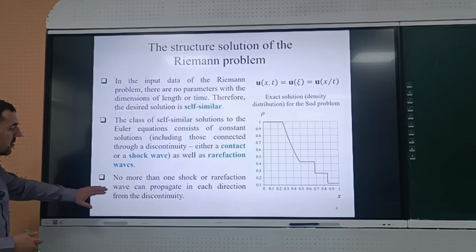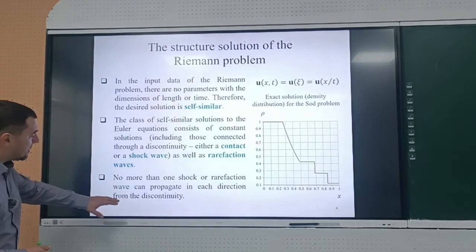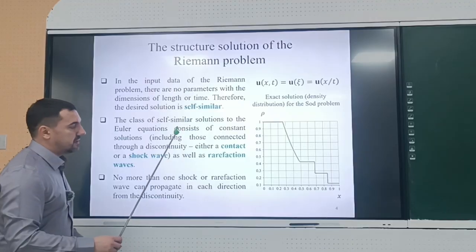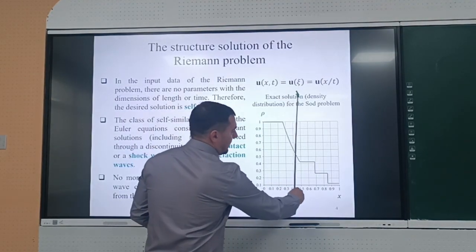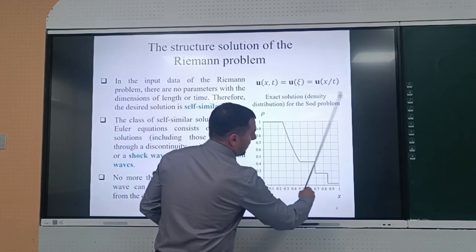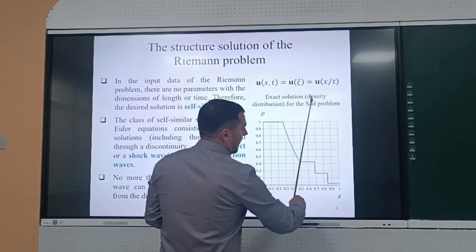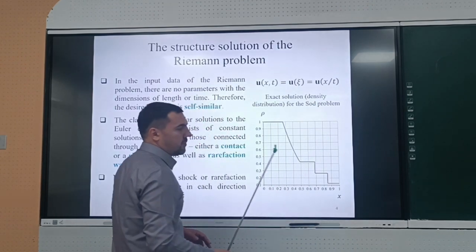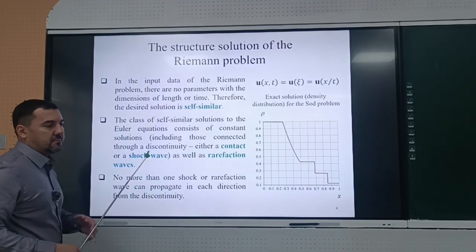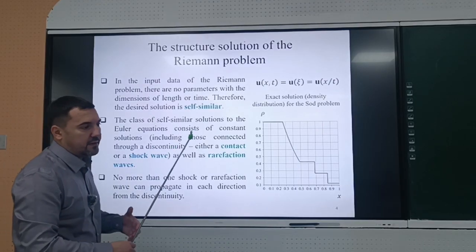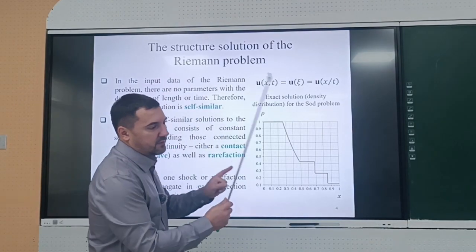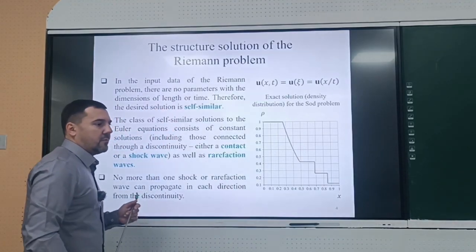And no more than one shock or rarefaction wave can propagate in each direction from the discontinuity. So if you have a discontinuity here, we have only one shock wave propagating to the right and one rarefaction wave, for example, to the left, or quite the contrary. But we cannot have two shock waves propagating to the same side from the contact discontinuity.